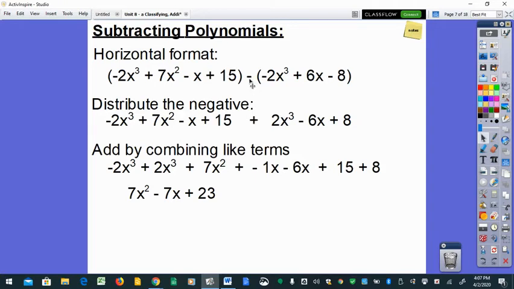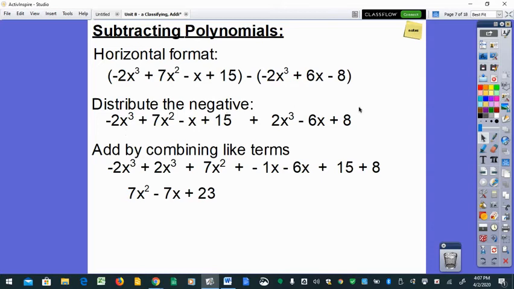I'm going to take away a positive 6x, which would give me a minus 6x, and I'm going to take away a negative 8, and minus a negative gives me plus 8. So basically, everybody's sign in this second polynomial is changing.